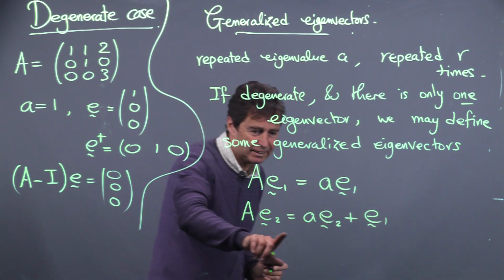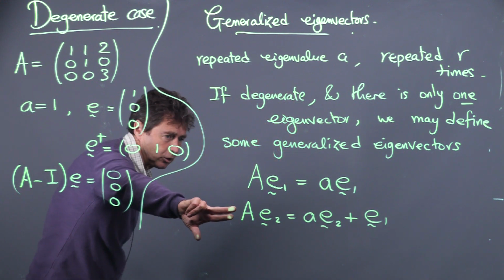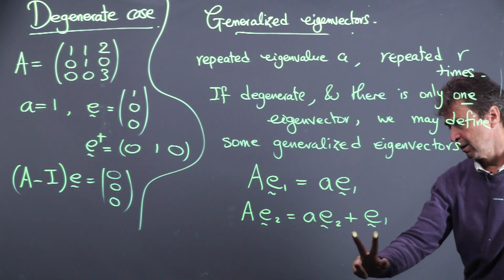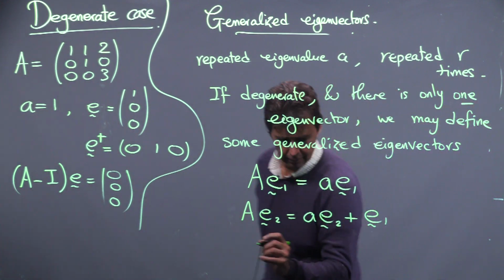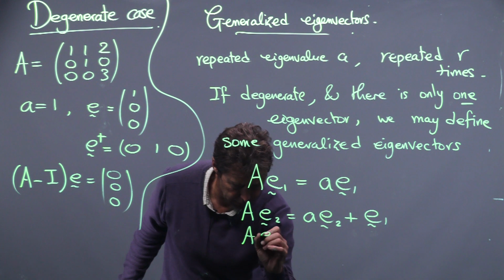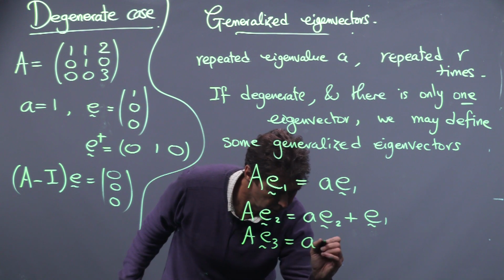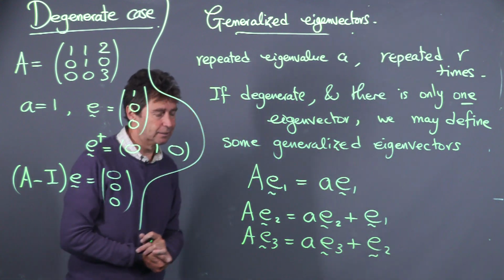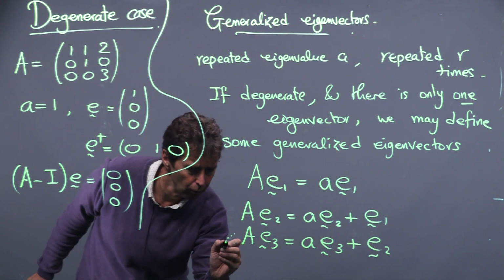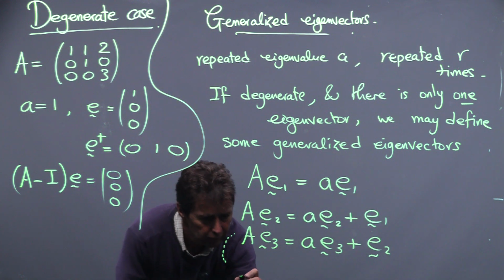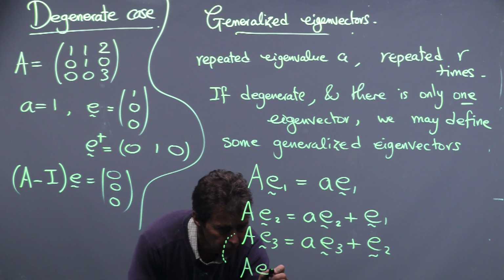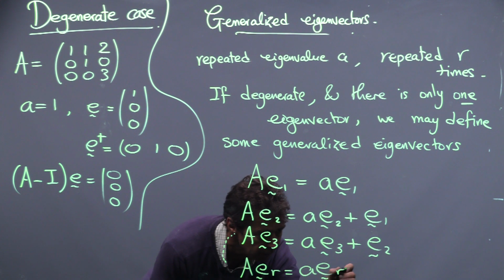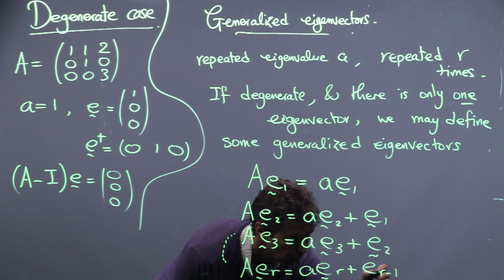So I can get an E2 by making it satisfy this equation. Instead of satisfying the eigenvalue problem, it's the eigenvalue problem plus a little bit, namely E1. Then there's an E3, which satisfies the same thing, except there's an E2 in there, and this goes all the way down to ER, which satisfies AER plus ER minus 1.